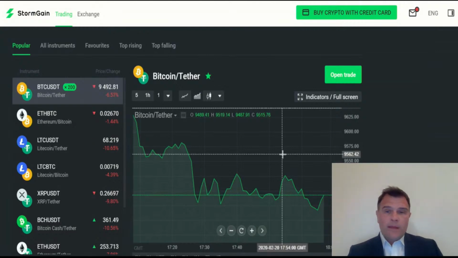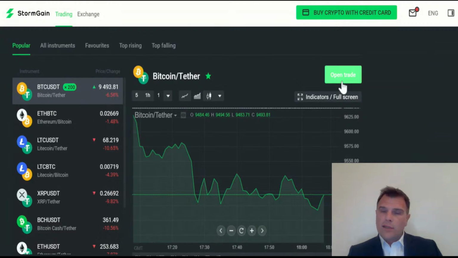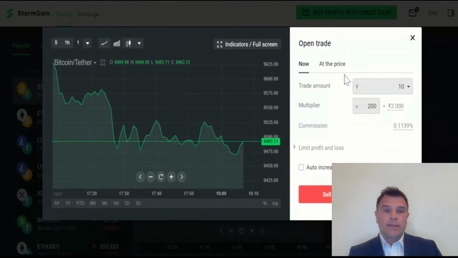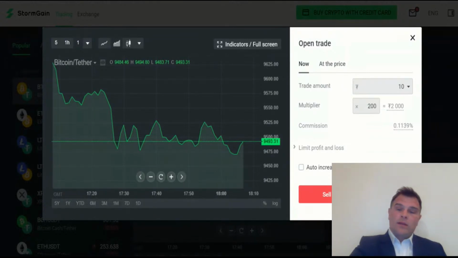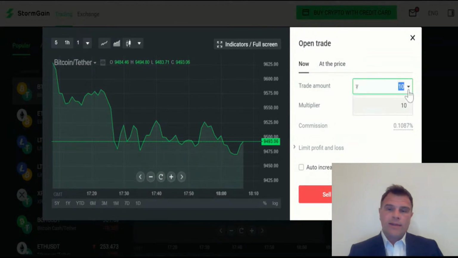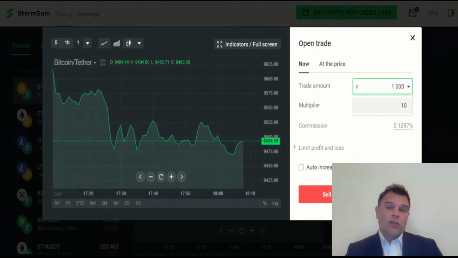Okay, so if we go in, as I said, I'll show you how to do a demo account. We open a trade. Now, if we have a trade amount, let's say we have 1,000 Tethers, so we're going to look at that as $1,000. It's easy to think about.